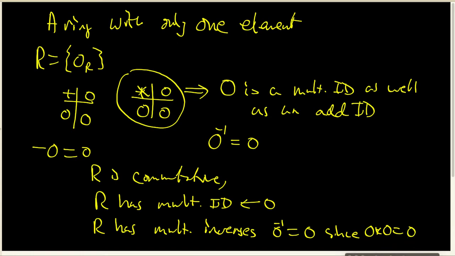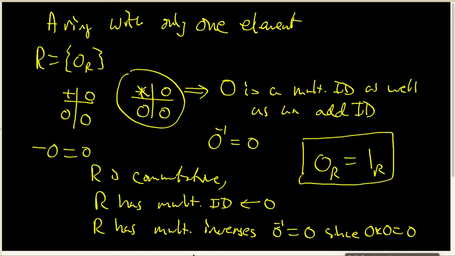But this is really not, it doesn't behave the same way most fields behave, because the 0 and the 1 in this particular ring are one and the same thing. And so the author does not want this ring with only 1 element to be considered a field.